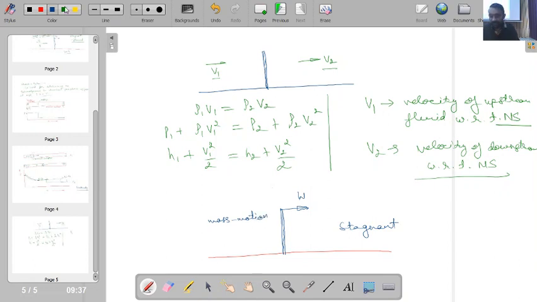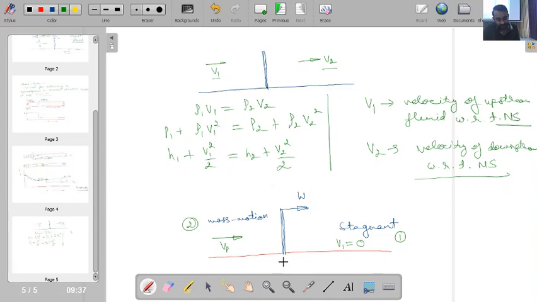This mass motion will have velocity, say, Vp, towards the shock wave. This is region 1, this is region 2, and in region 1 the fluid is stagnant, so V1 is 0. Is this point clear?